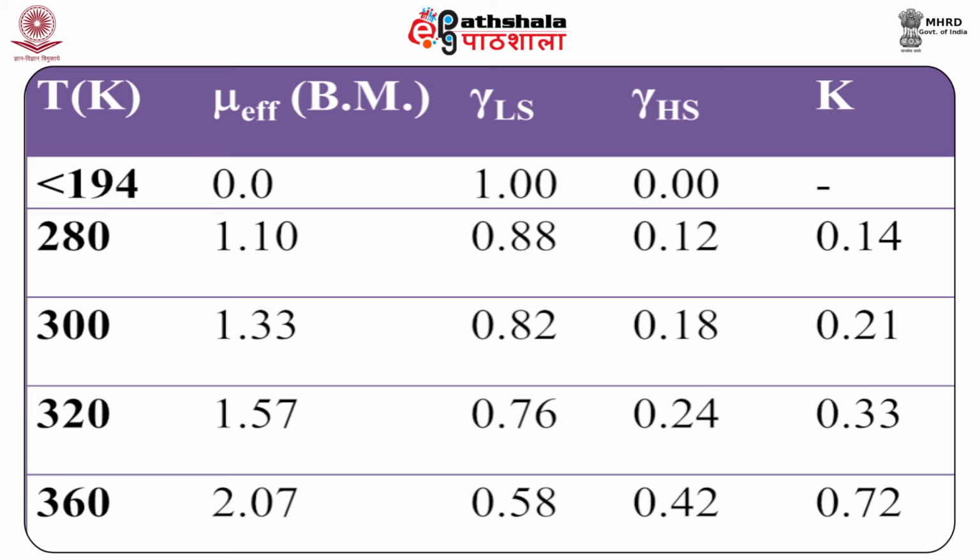That means the low spin complex is converted into high spin at higher temperatures. This suggests that the magnetic crossover is the main cause for the anomalous magnetic moment of this complex. The spin state alteration causes a decrease in metal donor distance when the triplet state changes into the singlet.